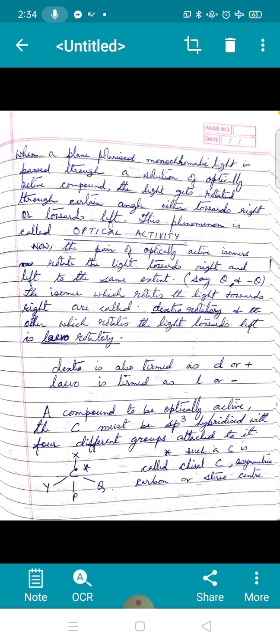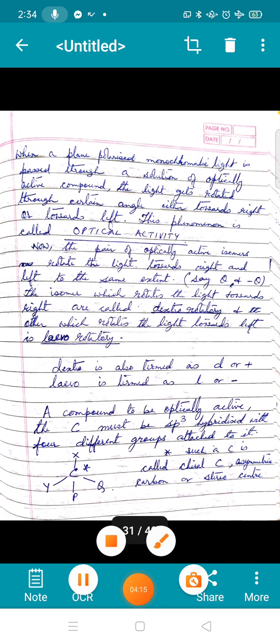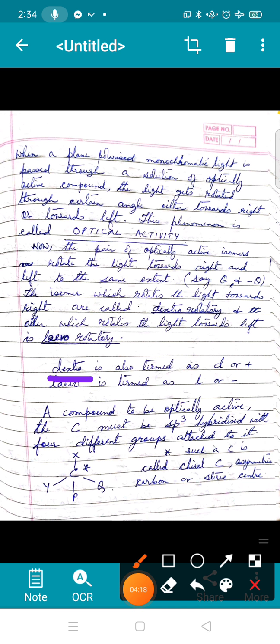So if one is theta, the other is minus theta. The isomer which rotates the light towards right is called dextrorotatory. As I have mentioned here, dextro is also termed as D and plus. Other one is levo, L or minus.